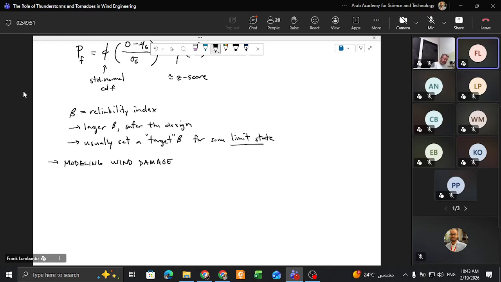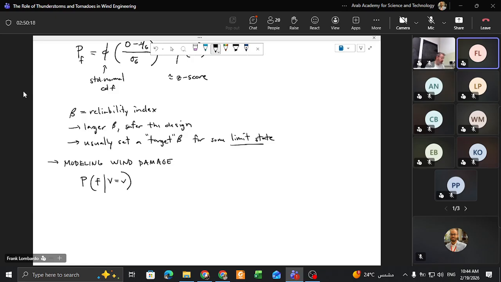How we're going to do that, and maybe Amal went through this when she did her class, is the development of some fragility function. So now we're going to say the probability of failure given a particular wind speed. This is what we want to know: the likelihood of failure if we have some specific wind speed.